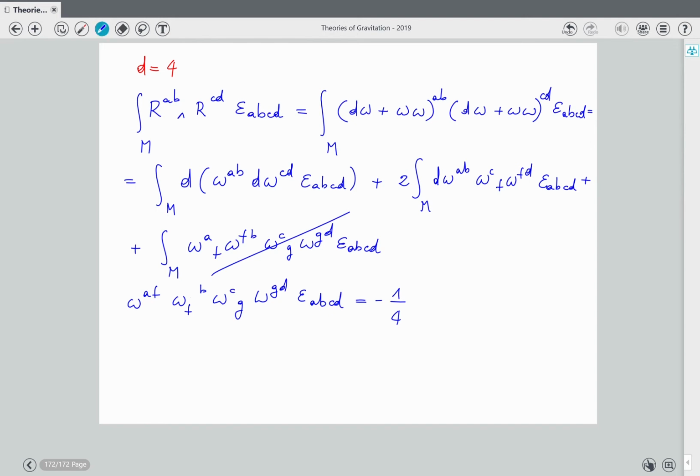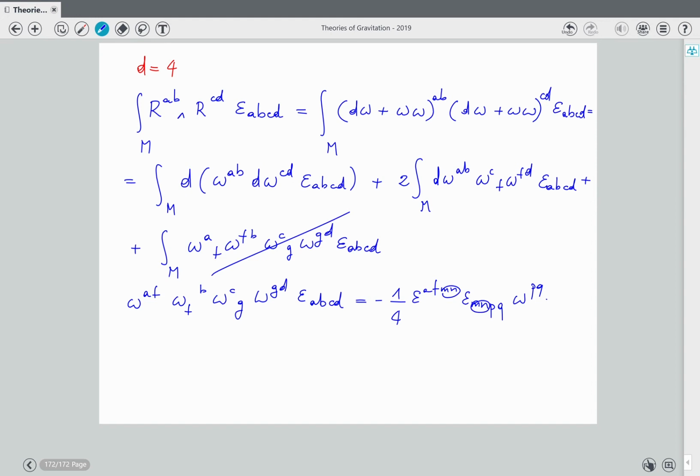Omega AF I can write as epsilon AF MN epsilon MN PQ omega PQ, with a factor. Why? Well, because these are two epsilons with two contracted indices.